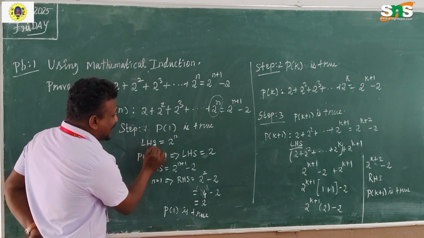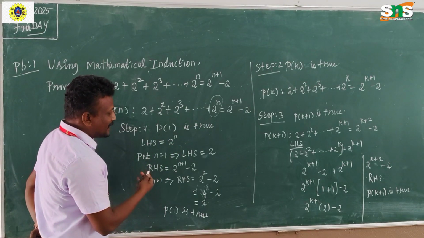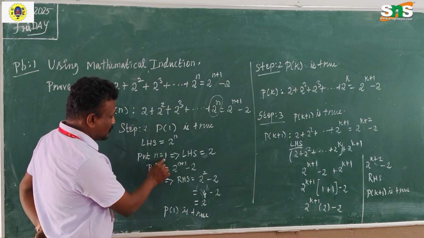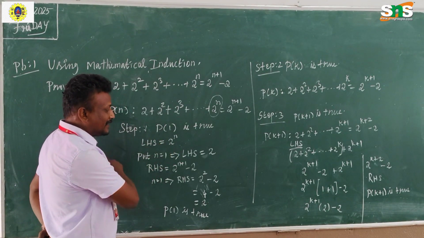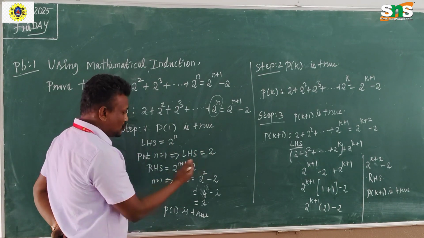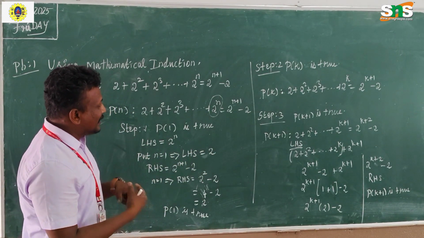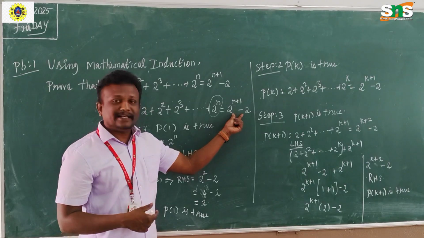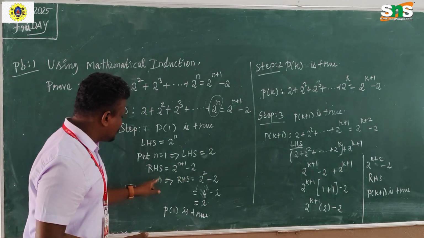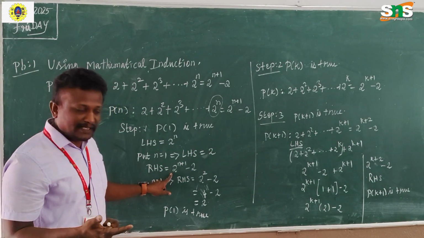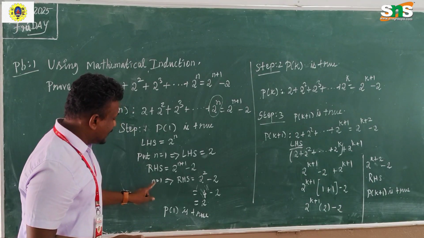Now the left hand side is 2 power n. Put n is equal to 1 in the left hand side, then you will get 2 power 1, which is 2. Let me check whether we get the same value in the right hand side. First write what you have in the right hand side, then put n is equal to 1.